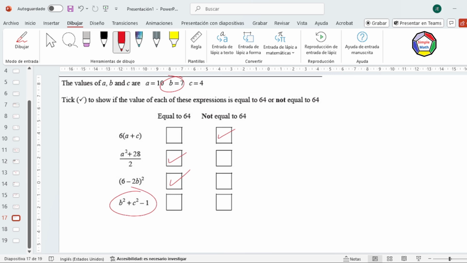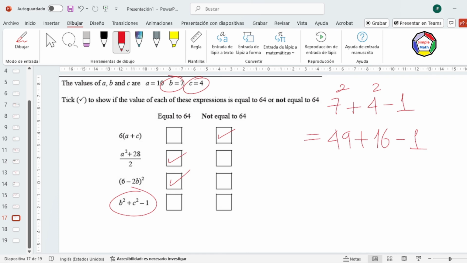B is equal to 7 and c is equal to 4. So if I substitute, 7 squared plus 4 squared minus 1. 7 squared is 49. Applying PEMDAS, this is 49 plus 4 squared, which is 16, minus 1.